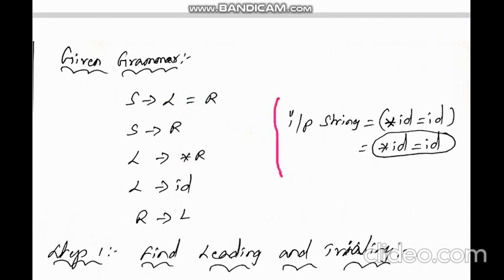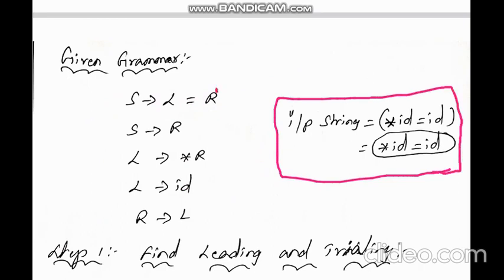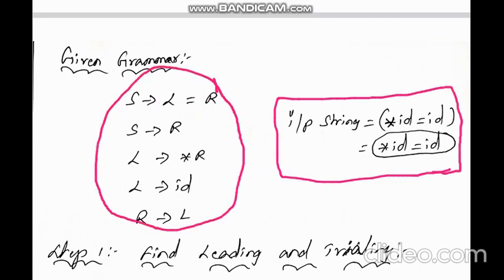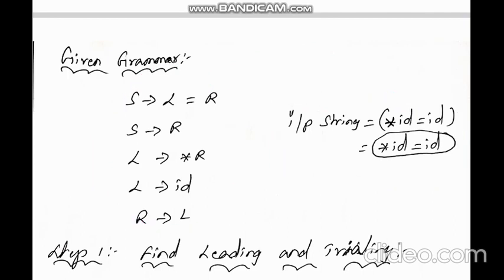This is the input symbol they have given. On the left hand side you find the production rules, that is the given grammar. Here it is the input string. We need to take these productions and find whether the given input string synchronizes with this grammar. Then this grammar is said to be a perfect grammar to derive any similar input like this: asterisk ID equal to asterisk.